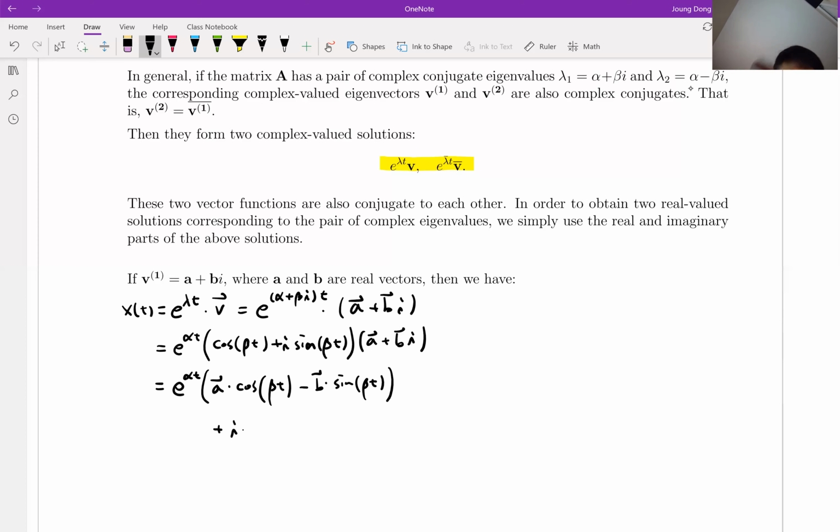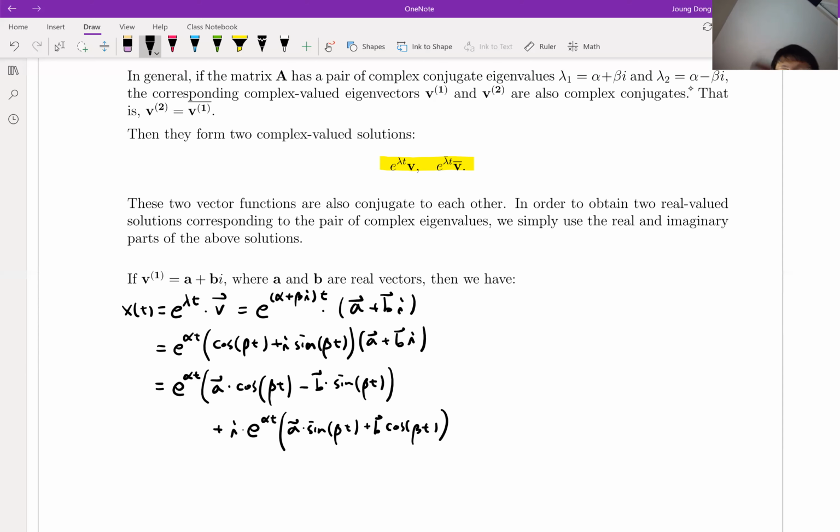e to the alpha t, and then by distribution, a times sine beta t, plus b cosine beta t.